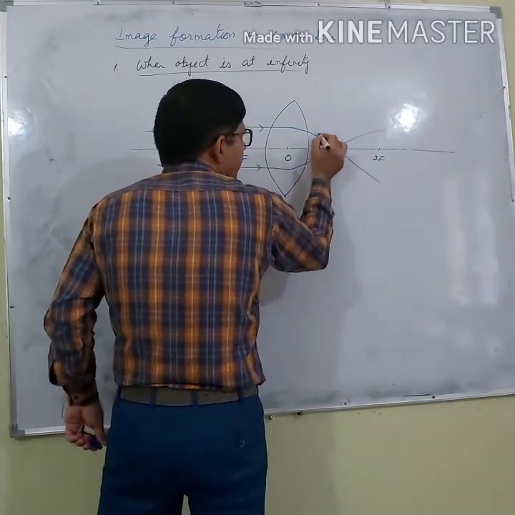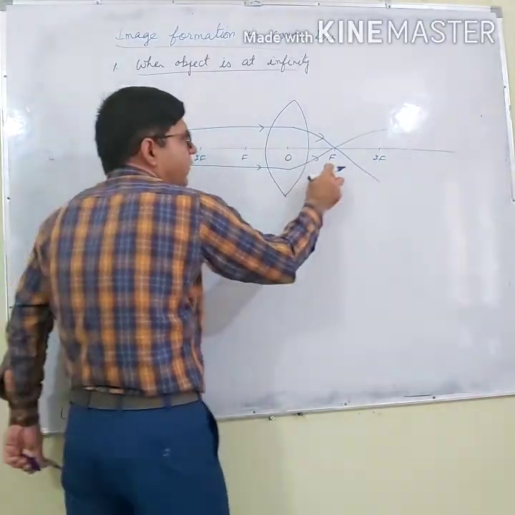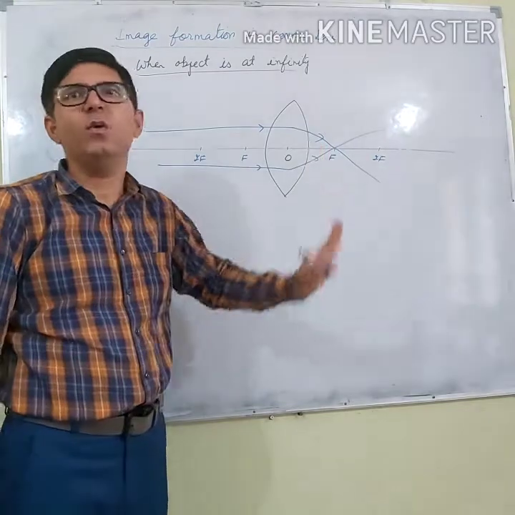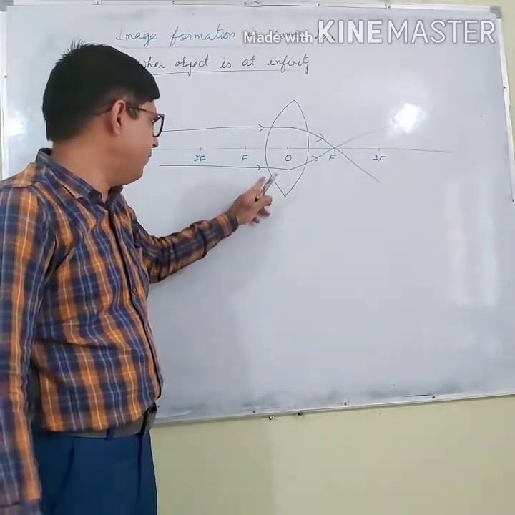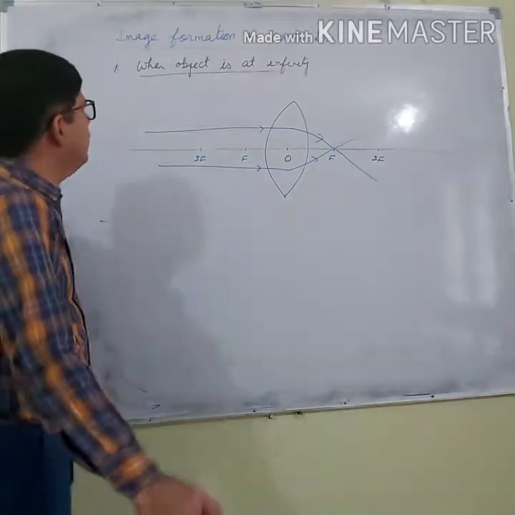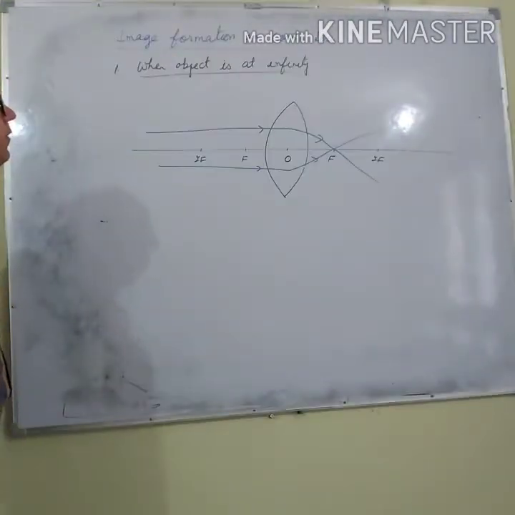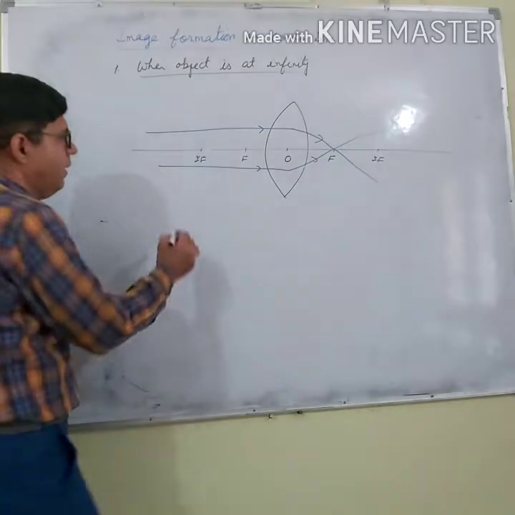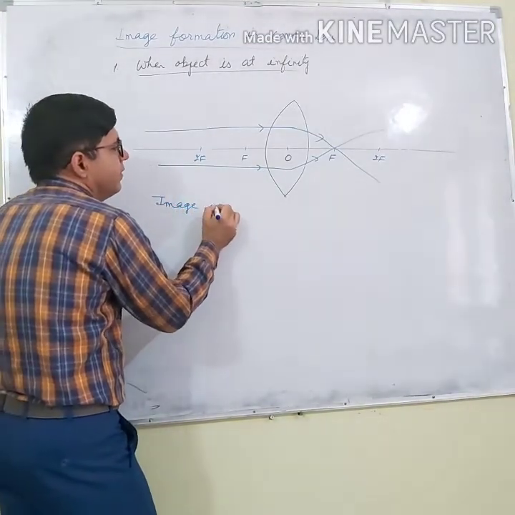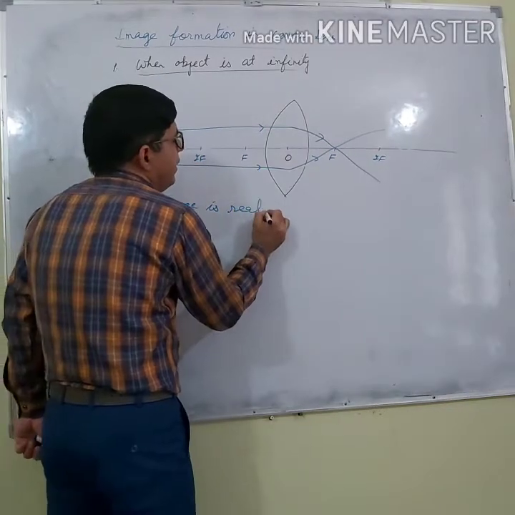Now question is that why I am writing F and 2F here? Answer is that a lens is having two surfaces. One is this surface, another one is this surface, right? So object is at infinity, and what is the image formed? Image is real, inverted.